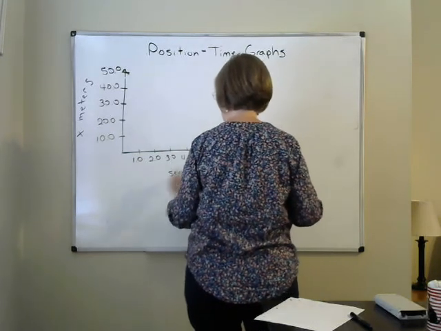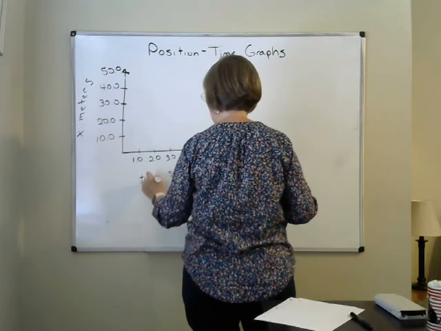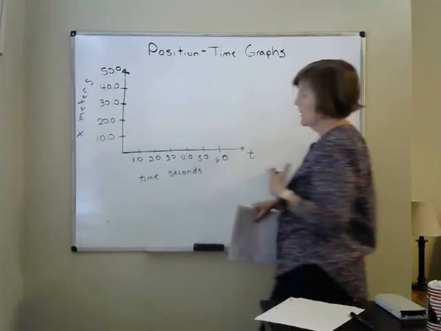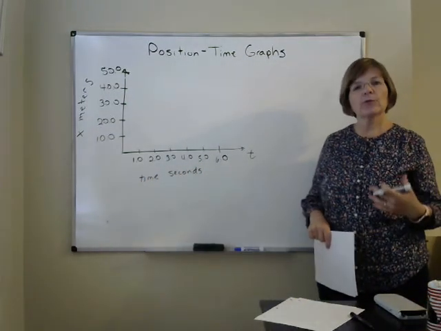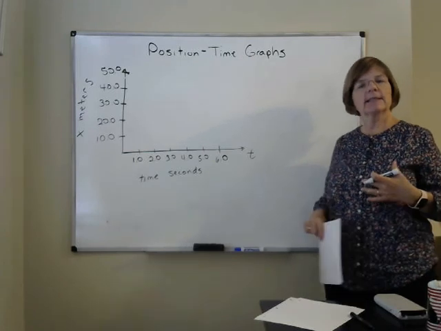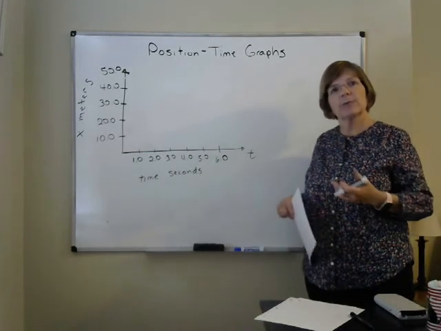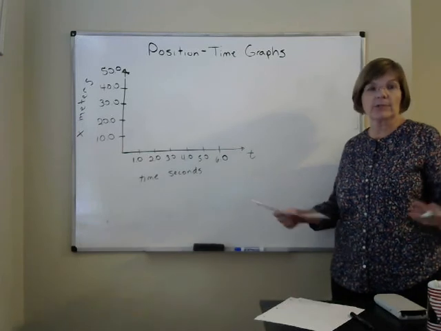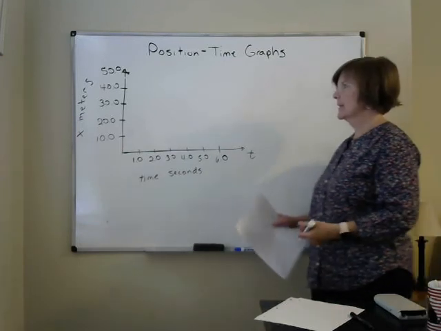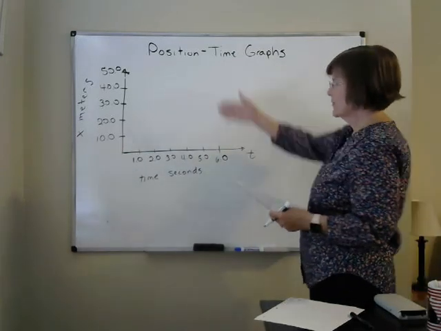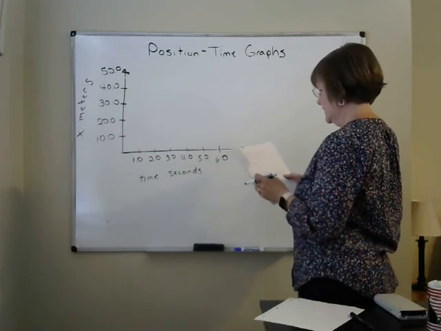Anytime you're doing a graph, it's really important not only to indicate what you're measuring, but what your units of measurement are. I need to know, are you measuring time in seconds, or minutes, or hours, or days, or years? Same thing for the distance, but I went with our standard SI units, meters and seconds.